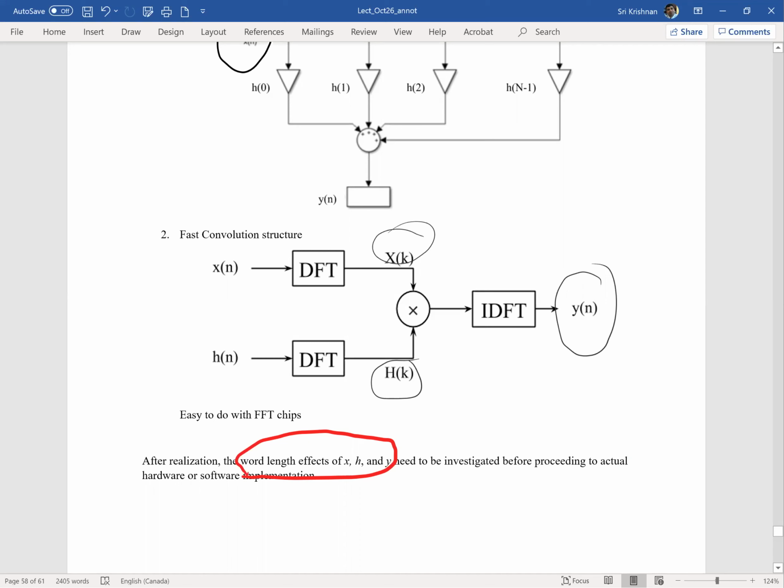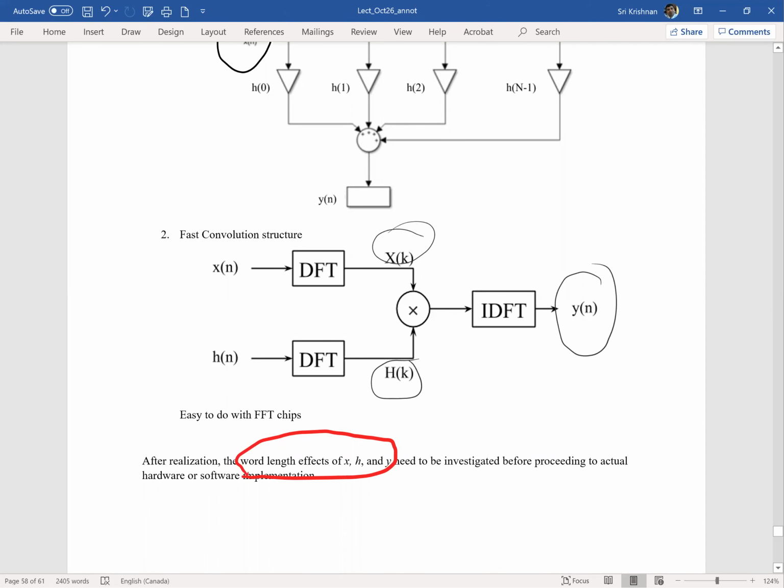That word length will have a huge implication on the filtering performance. Also, the filter coefficients happen to be floating point representations, and the word length plays an important role there. So that's another thing that has to be taken care of in a digital filter design: what is the word length that we would be using.